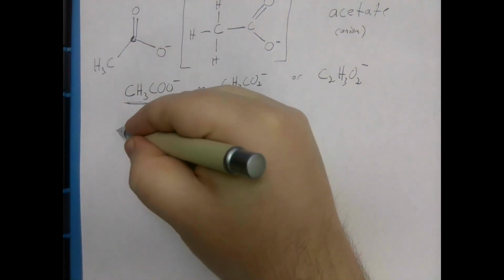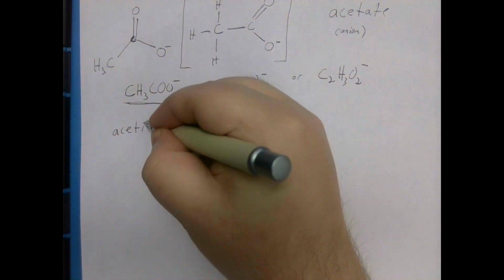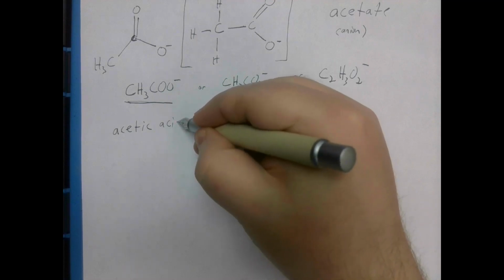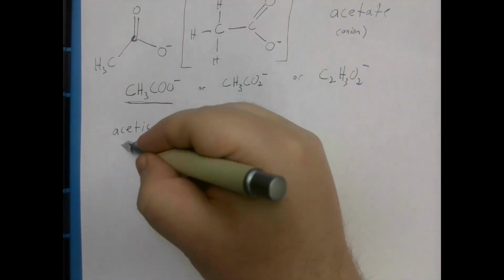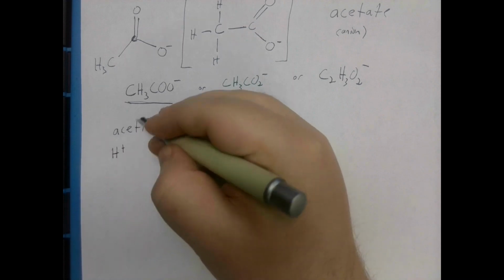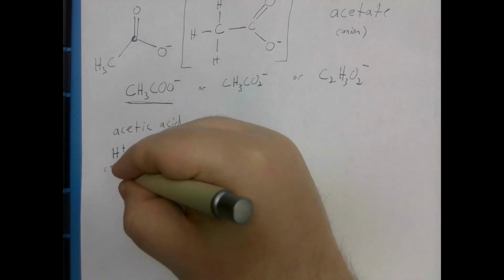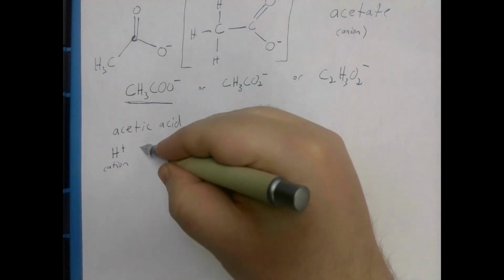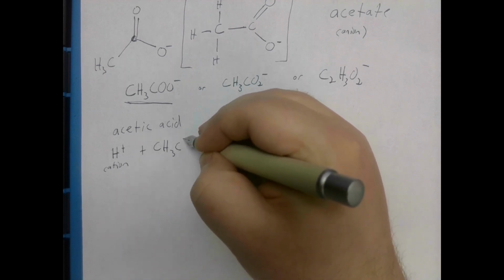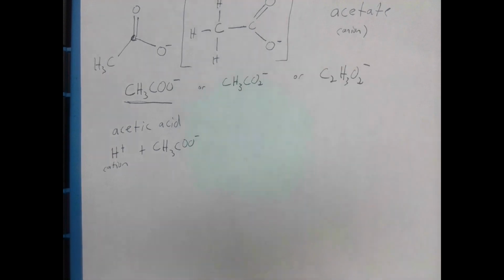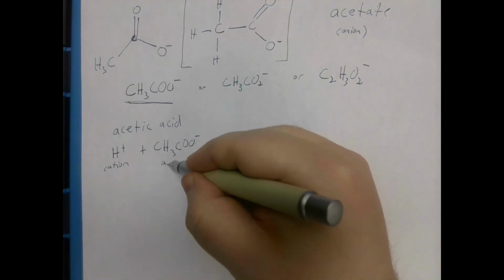So what would acetic acid be? The formula for acetic acid. So acid means that we're going to have an H plus ion, cation, mixed with an acetate anion.